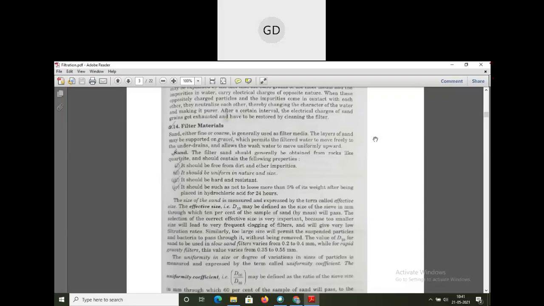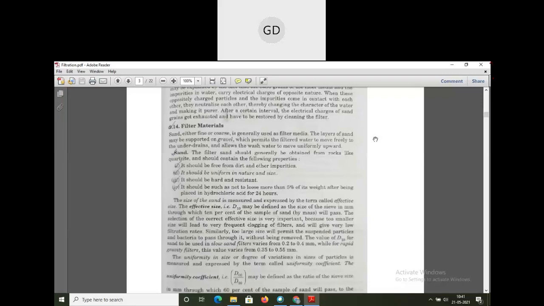Number two, it should be uniform in nature and size. Not like one size is small and the other is big; it should be of uniform nature and have the same sizes. Number three, it should be hard and resistant. Number four, it should be such as not to lose more than 5% of its weight after being placed in hydrochloric acid for 24 hours.